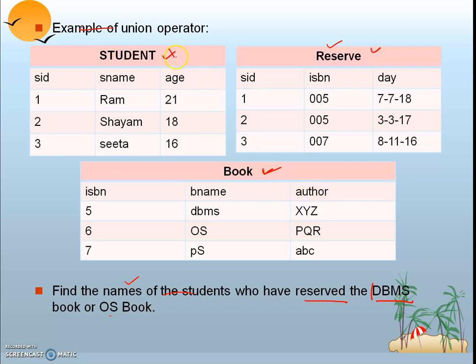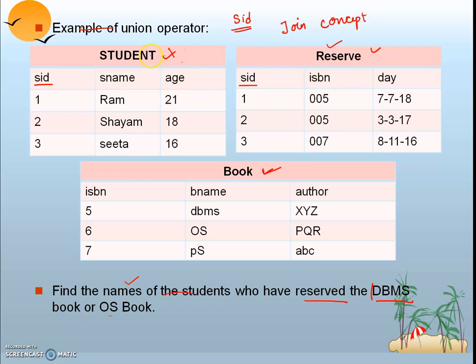Now if you observe, student has SID, which is also carried in the reserve table. That means here the common attribute is SID. If I have this kind of scenario where there is a common attribute, I can simply go for the joins concept without any issues.